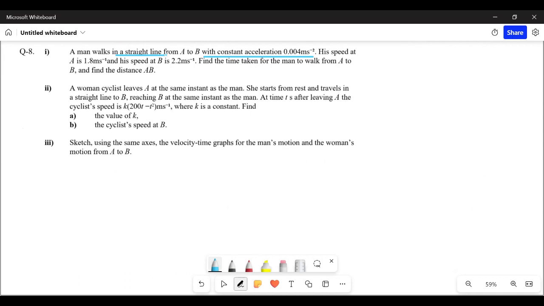His speed at A is 1.8 and his speed at B is 2.2. Find the time taken for the man to walk from A to B. So yes, it's exactly a question on equations of motion.